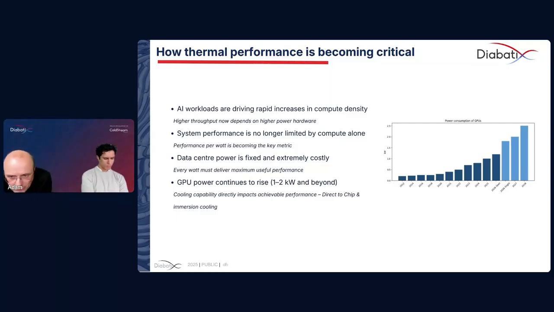But the expectation is certainly that 1 kilowatt will increase to 2, 3, and probably beyond. And that's where the traditional cooling technology and techniques, whether it's direct liquid cooling to chip or immersion cooling, need new designs and new innovation to tackle those thermal challenges, because with today's techniques that will no longer be possible.